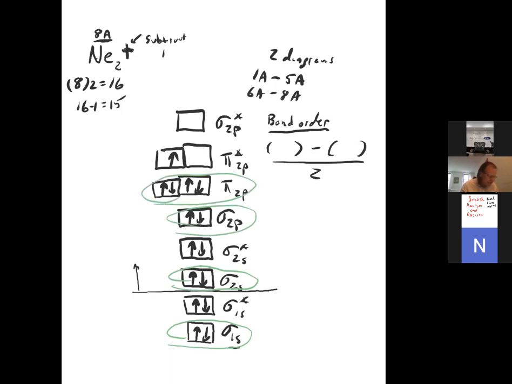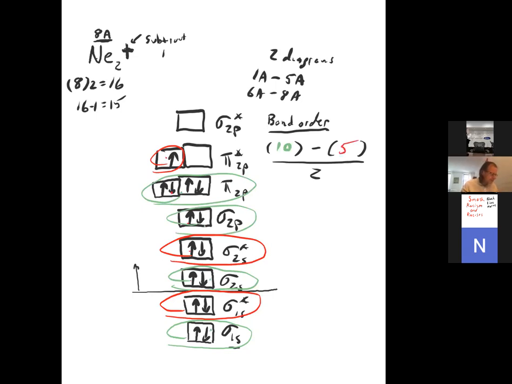Okay, so you count them up. 2, 4, 6, 8, 10. And then let's do the antibonding in red. The antibonding are the ones that have the star. 2, 4, 5. Did I do that right? 2, 4, 6, 8, 10, 12, 14, 15.